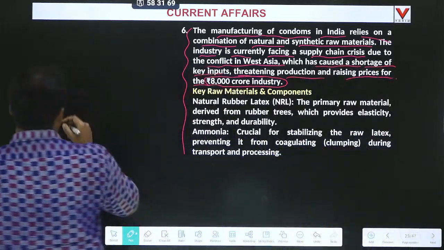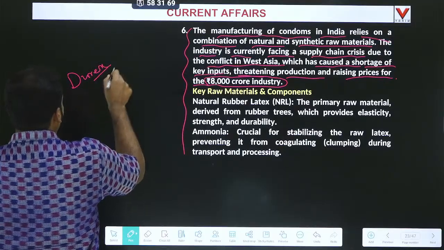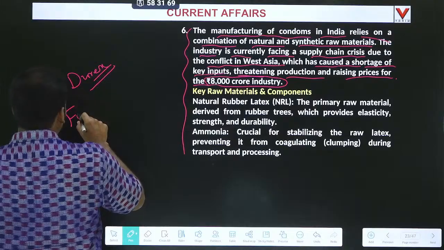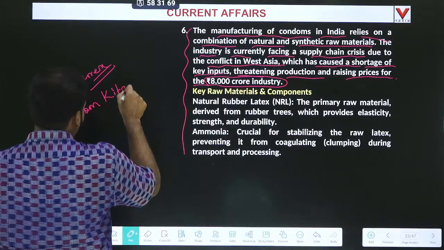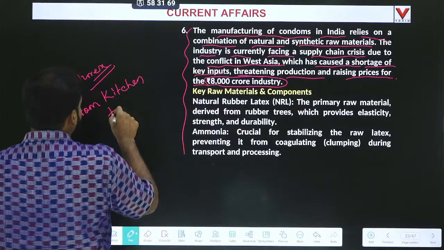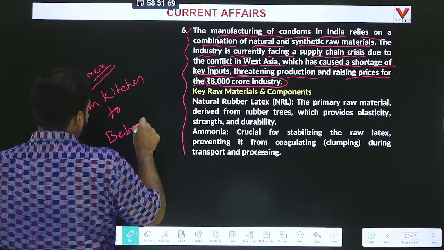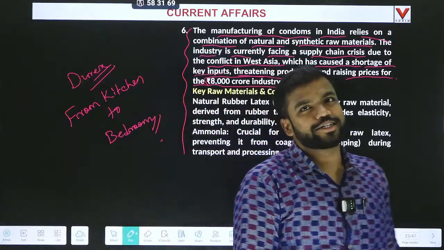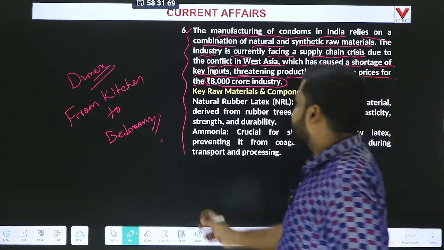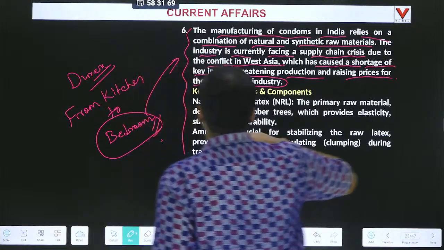See, there is an ad by Durex, okay? They store that from kitchen to bedroom. From kitchen to bedroom, the West Asia war didn't spare anything, right?